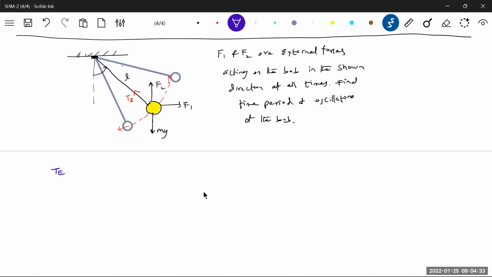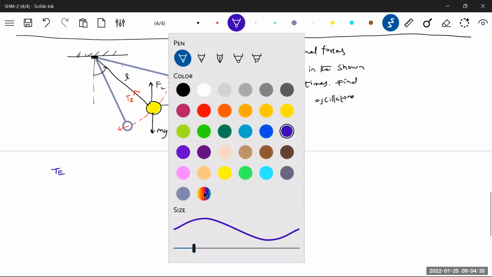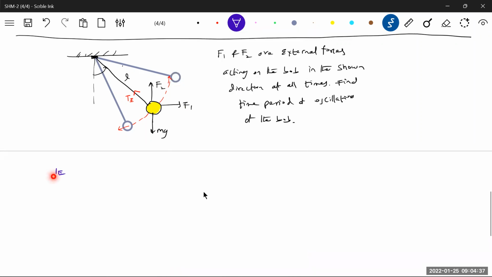Te cos theta plus F2 minus Mg is 0. Te sin theta minus F1 is 0.